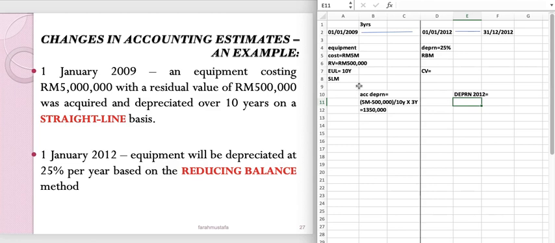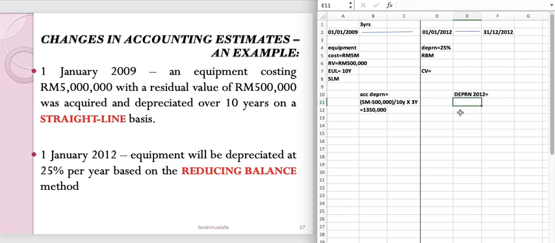So when it is a change in accounting estimate, we have to adjust the current year. Or we would say the change takes effect in the current year, the year where the change is made. So the depreciation is charged at 25% using the reducing balance method.